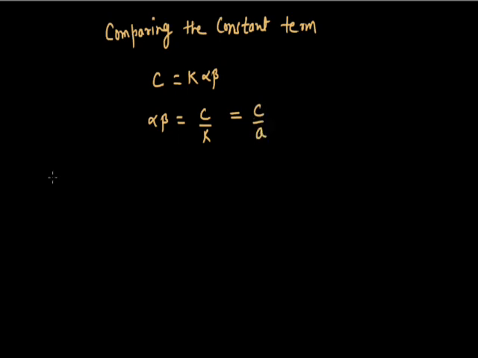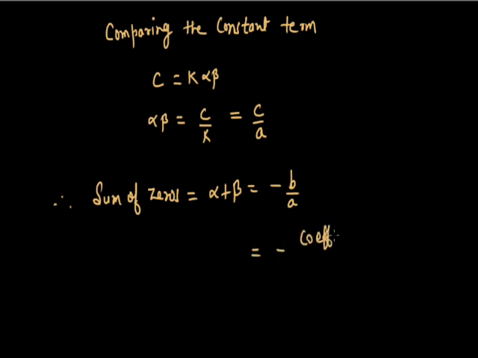Therefore we can say that sum of zeros, α + β, is equal to −b/a. Minus b by a means minus of coefficient of x upon coefficient of x². So this is the sum of zeros.